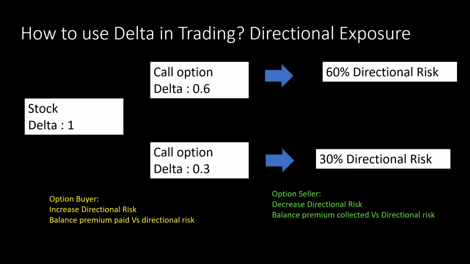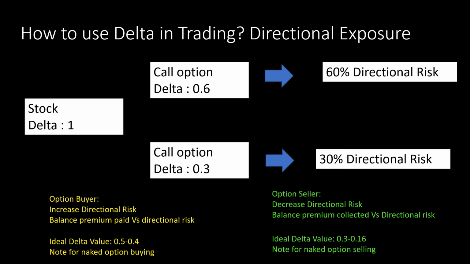Same thing with option sellers. If you go far out of the money, the directional risk is considerably reduced. However, the premium collected by selling these options is very, very minimal. So the return on investment is very low. So as an option seller, again, you need to find a balance between premium collected as well as the directional risk exposure.